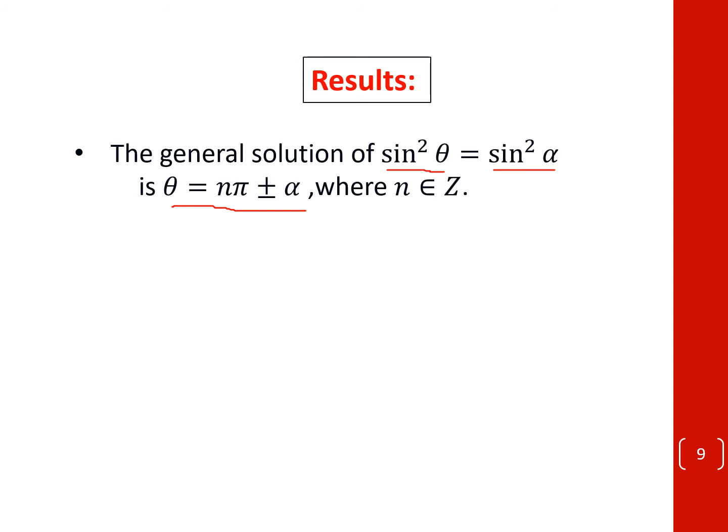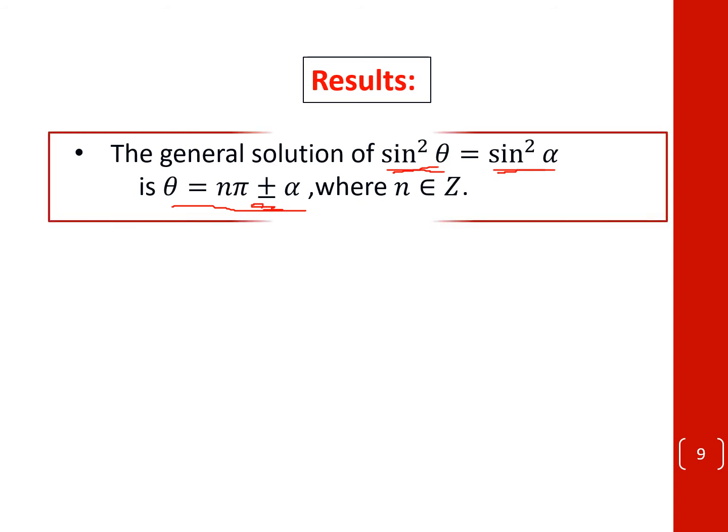Now here we have the result in terms of sin square theta equals sin square alpha, whose general solution is theta equals n pi plus minus alpha. See here square is there, so we have both the conditions here, plus and minus.